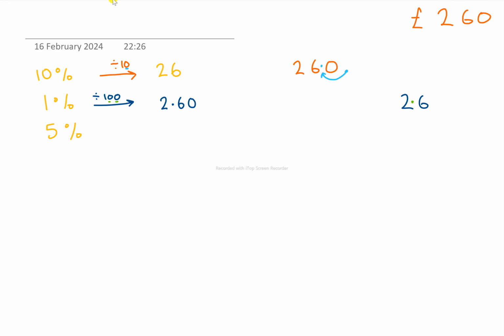Right, what did we say about 5%? What you do is work out 10%. So what did we say about 10%? Divide by 10. So divide that by 10 is £26. And then we're going to halve it. We're going to divide it by 2.